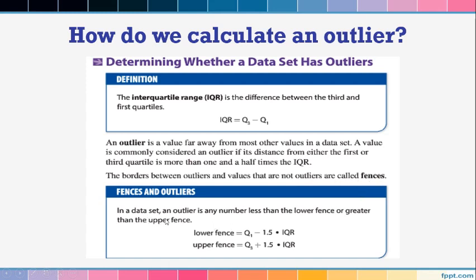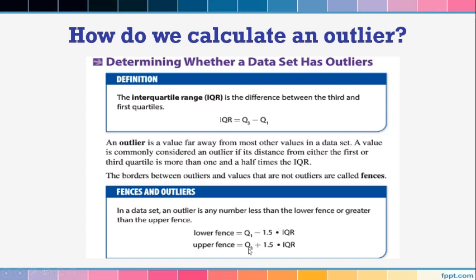So in a data set, an outlier is any number less than the lower fence or greater than the upper fence. And we'll talk about this a little bit more in some examples, so you'll get to see how it all works and comes together. To find your lower fence, it's equal to your first quartile minus 1.5 times your interquartile range.